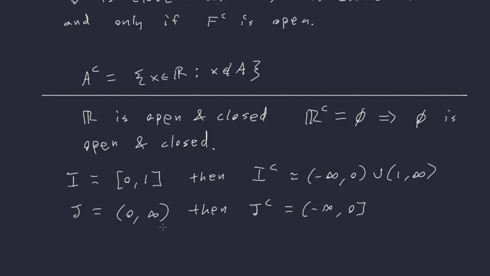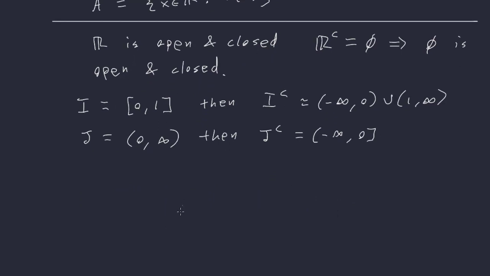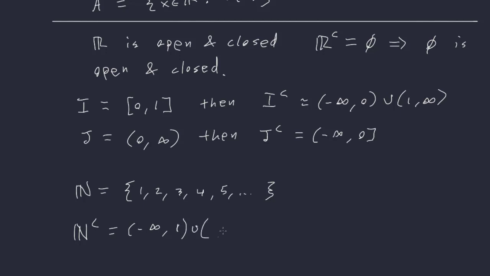Now, here's the interesting bit. We know what N looks like, the naturals. It's 1, 2, 3, 4, 5, etc. N complement is going to be everything not in this set but in the reals. So it's going to be all your negative values all the way up to 1, not including 1, then union 1 to 2, union 2 to 3, union 3 to 4, right?